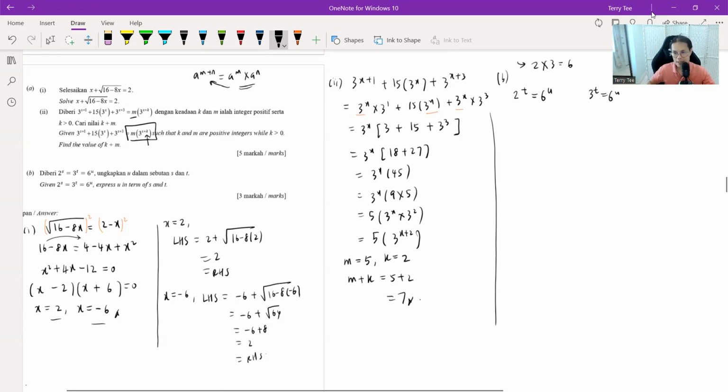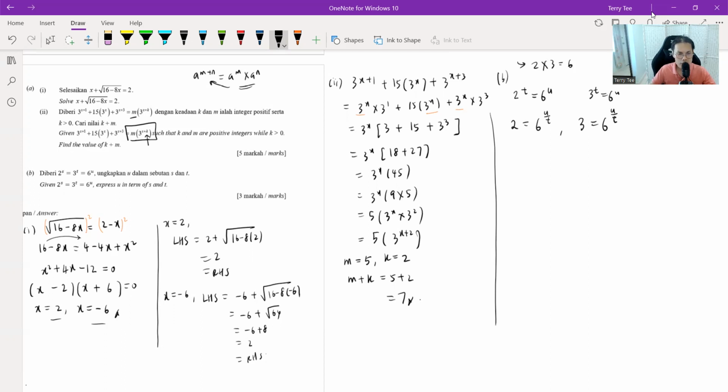So if I say x power m equals to y, then x is y power 1 over m, right? So that's what I'm going to do here. I'm going to bring my t across. My 2 is now 6 power u over t. And my 3 is now 6 power u over t.